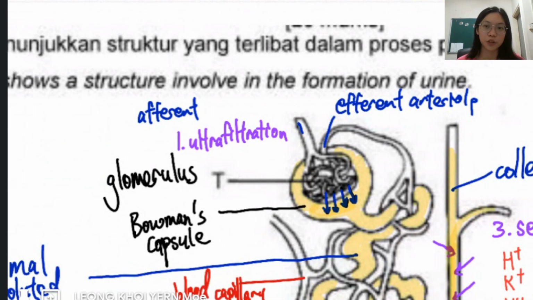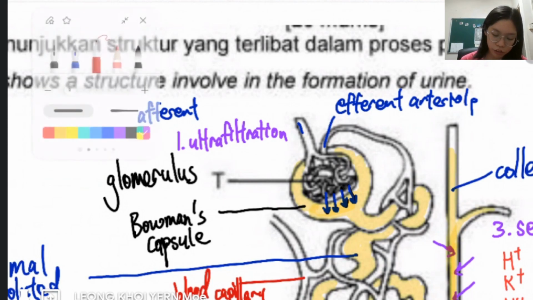At this ultrafiltration part, what happens is that your blood enters the glomerulus under a high hydrostatic pressure. Why does it enter under high hydrostatic pressure?